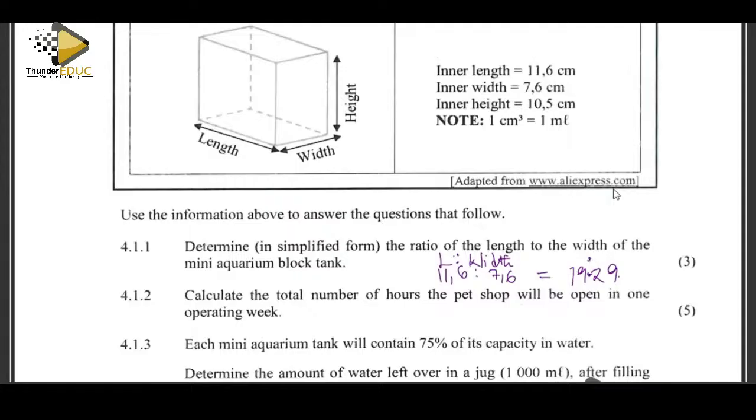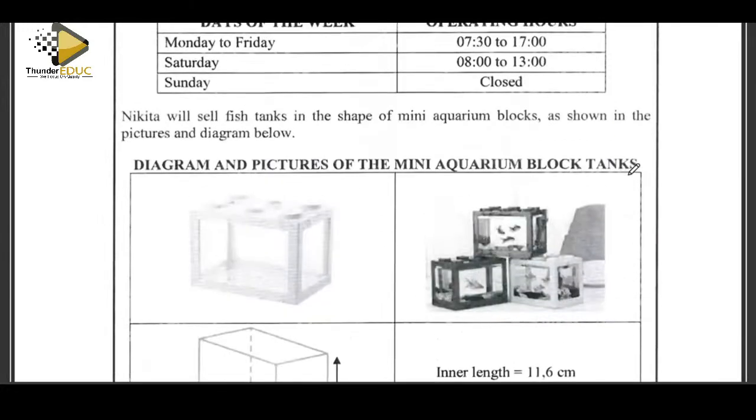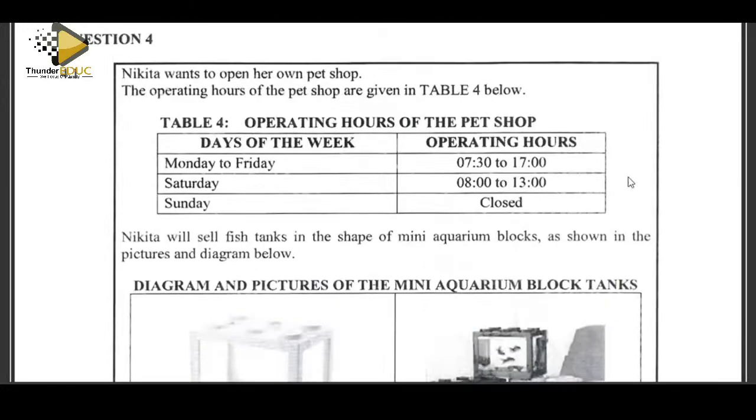Okay, calculate the total number of hours that the pet shop will be open in 1 week. Calculating the total number of hours. So the first one says from 17 to 7:30. How many hours are those?